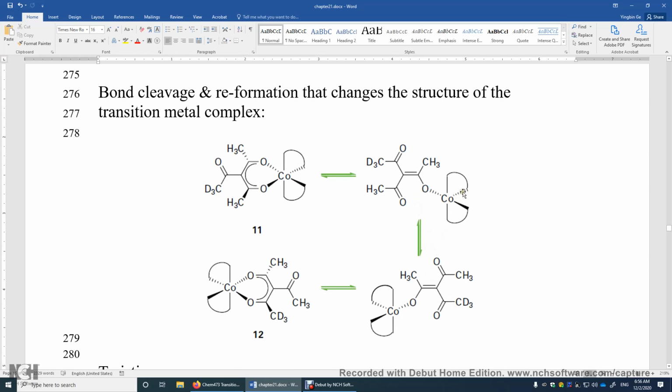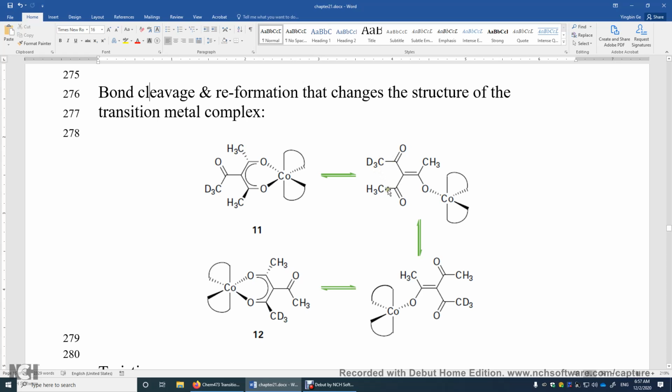I think you just need to look at this same structure from a different angle. You need to move these 2 bidentate ligands to the left-hand side, move this ligand to the right-hand side, and you need to rotate some single bonds. I'll let you do that. And when you do that, this oxygen is different from this one, because you can see this oxygen is double bonded to this carbon, and this carbon is bonded to CD3.